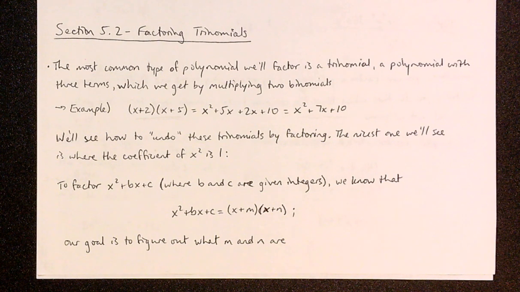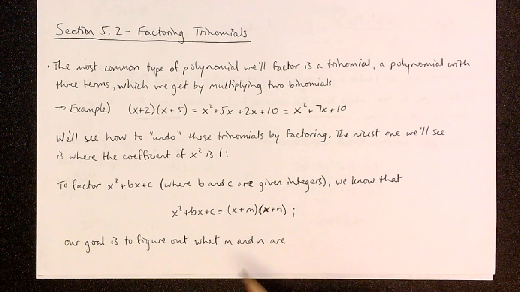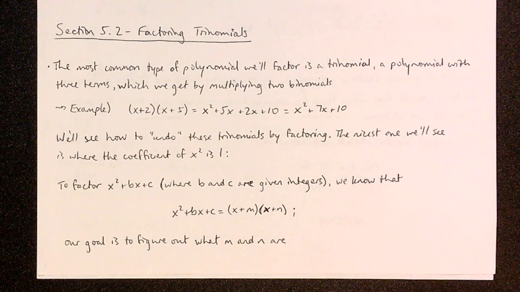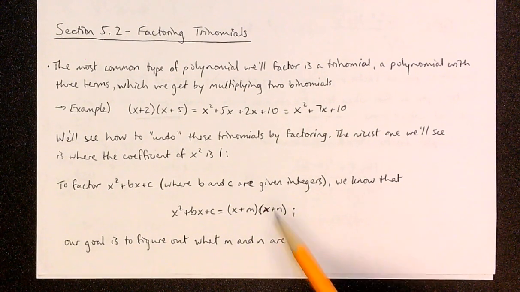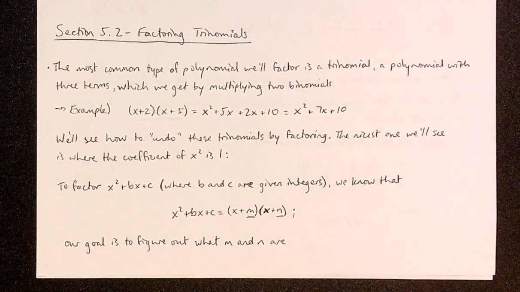So to factor something that looks like x squared plus or minus some number b times x plus or minus some number c, we want to write this as x plus or minus some number times x plus or minus some other number. And our goal is to figure out what m and n have to be. That's what we have to figure out. They could be positive numbers. They could be numbers that are negative. We'll see.